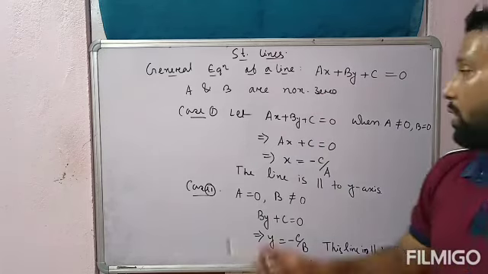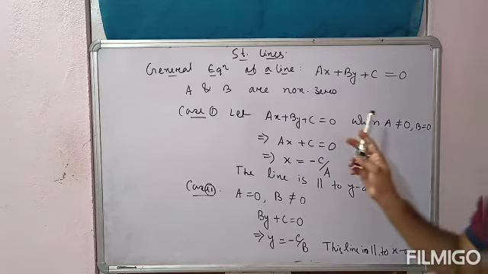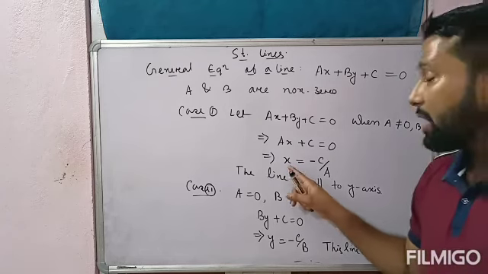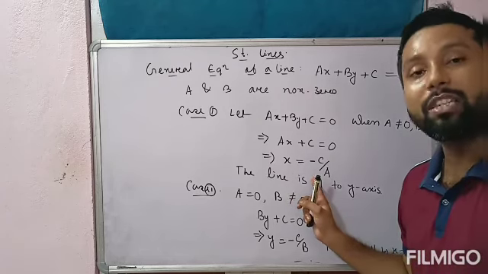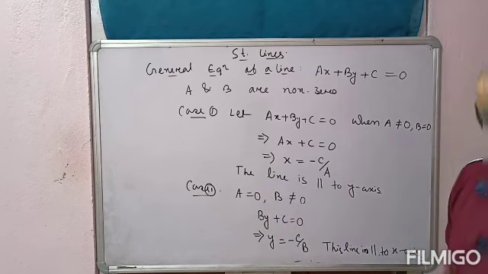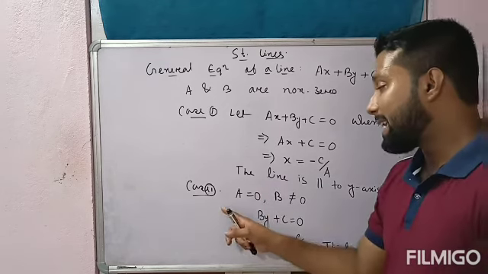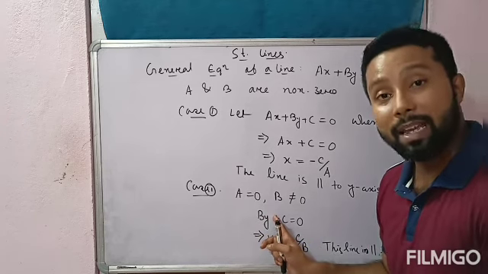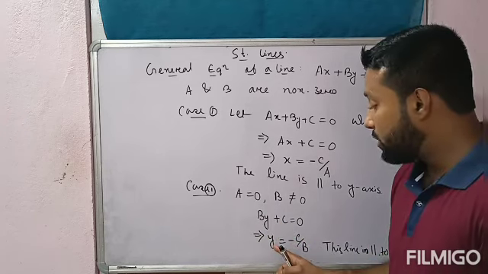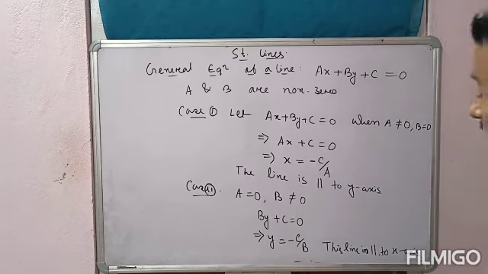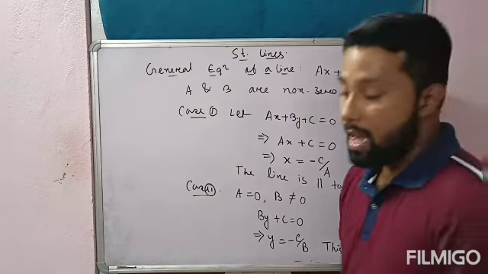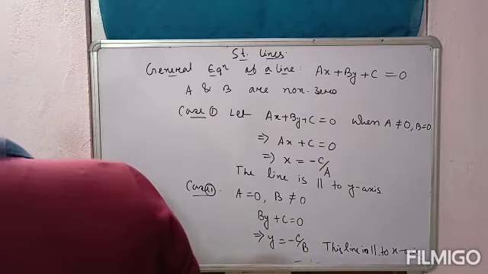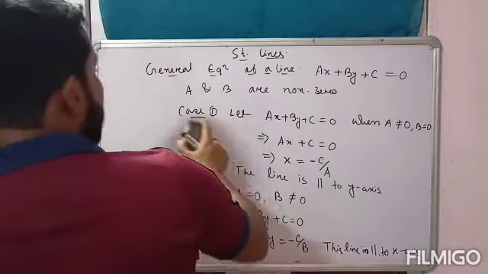Okay, so in the first case I considered a not equal to 0, b equal to 0, then I got x equal to any constant, which means this line is parallel to the y-axis. In the second case I considered a equal to 0 but b not equal to 0, that means we get y equal to something, which means this line will always be parallel to the x-axis, right? Y equal to something means it will always be parallel to the x-axis.